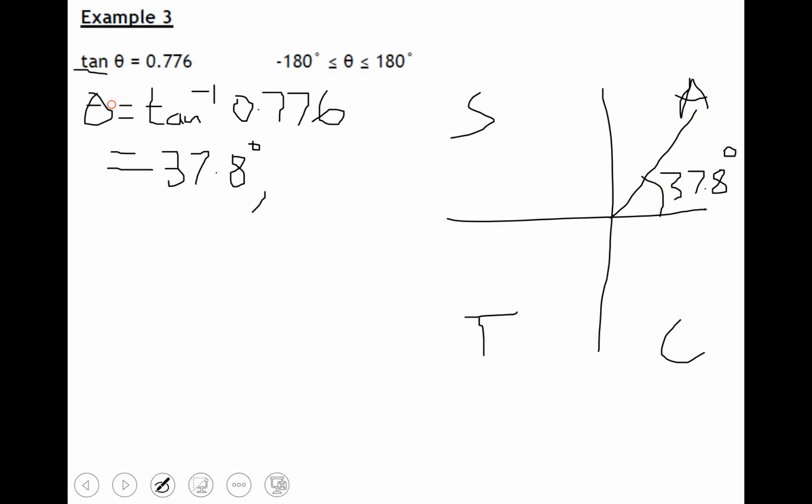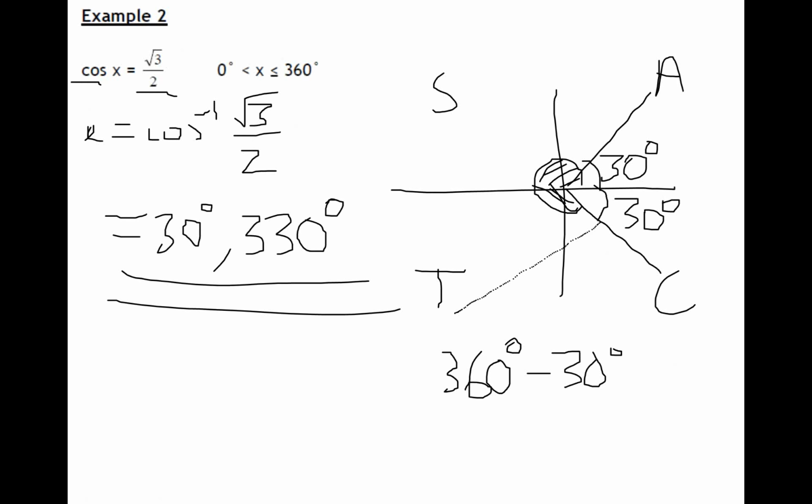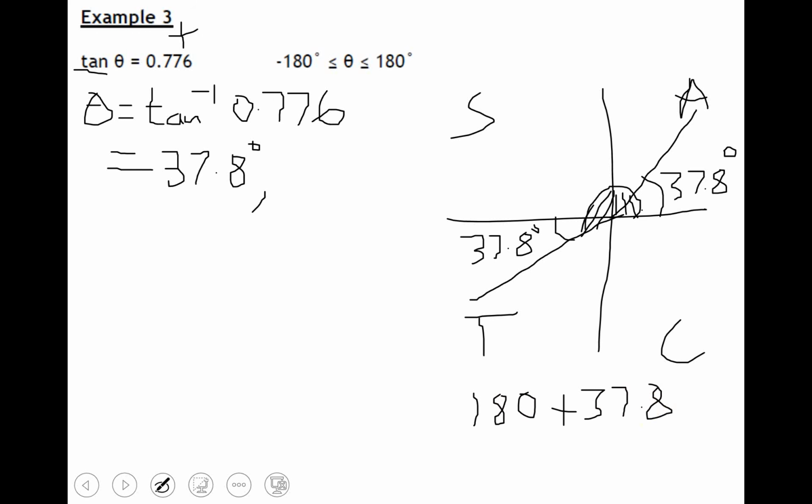Now this time working with tan, again, it's equal to something positive, so the other answer will be in the T quadrant. The angle from the horizontal will be the same, but we need the angle from 0, so we need to add 180 to 37.8. We get 217.8 degrees.